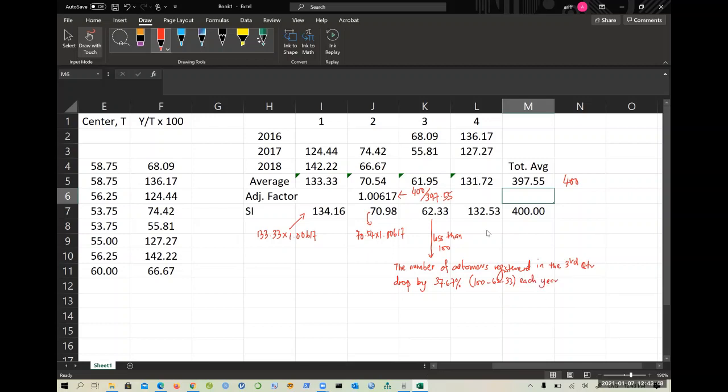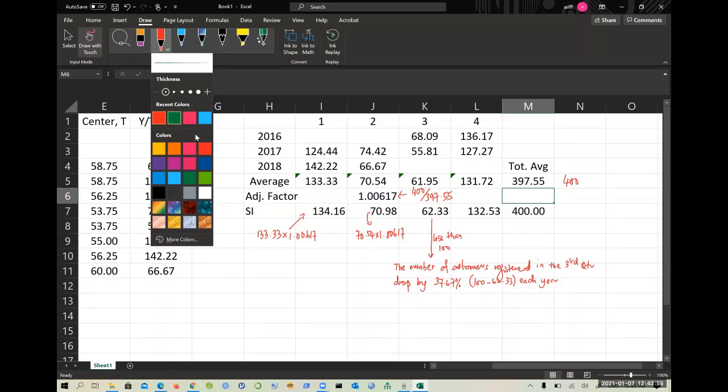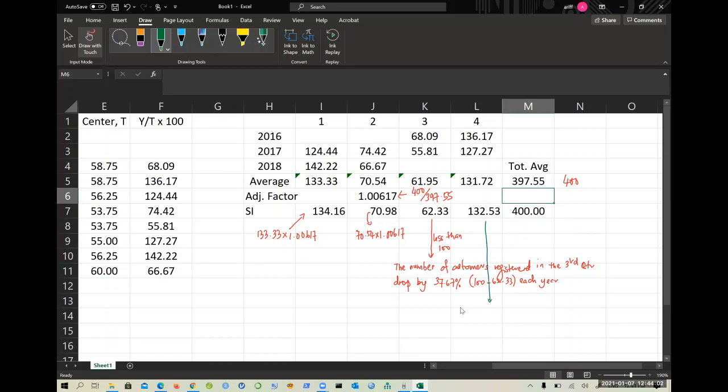Okay. Meanwhile, untuk yang 132 untuk fourth quarter ni, so you can say that the number of customer registered in the fourth quarter, okay, tadi drop, yang ni dia lebih dari 100 kan, so rise by, how much is the difference?